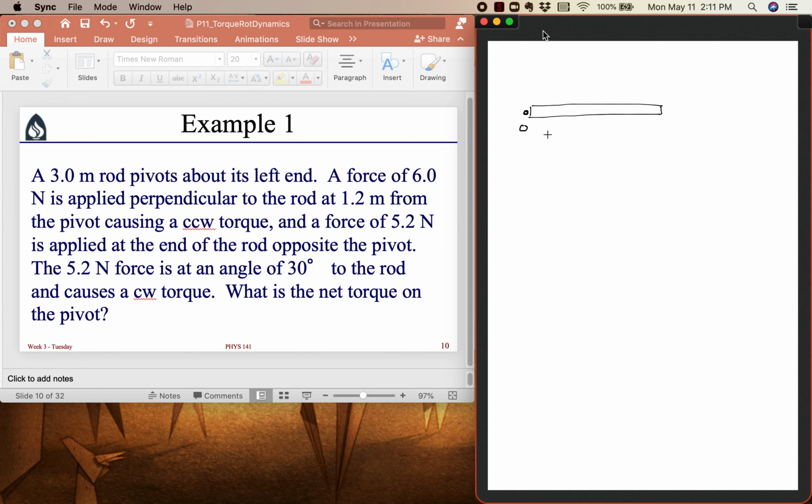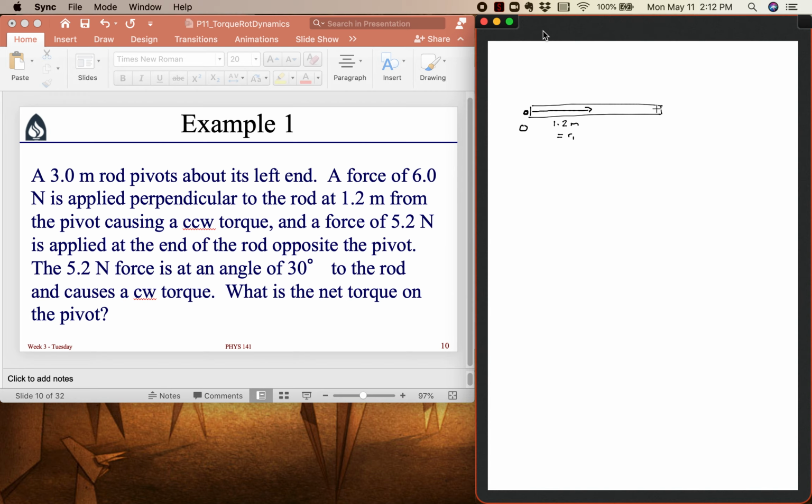Then we have two forces, and one of the forces acts at a distance of 1.2 meters from the pivot. So that means our moment arm is going to have a length of 1.2 meters, and I'll call this R1. And then the force is perpendicular to the rod and would cause a counterclockwise torque.